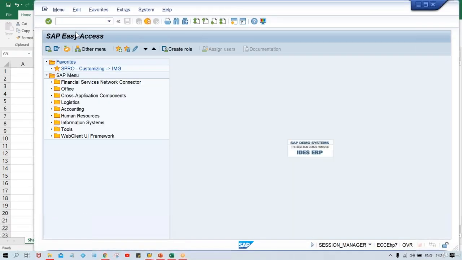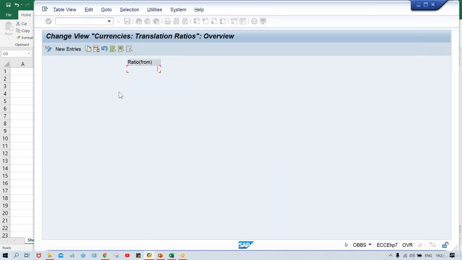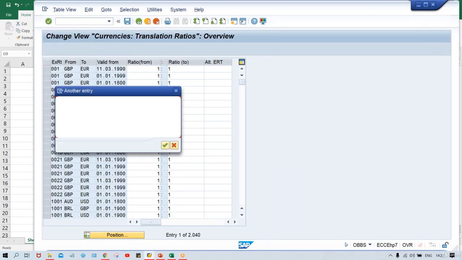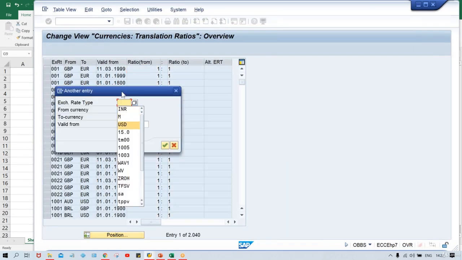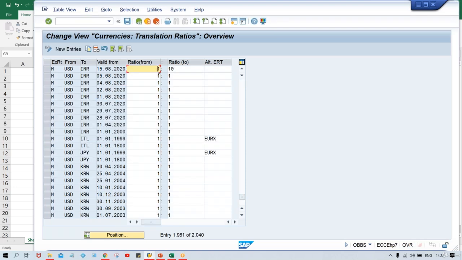I'll show you here. OB, first of all, OB, BS. I'll have to change, guys, the translation ratio. Let's suppose here USD INR, and sorry, exchange rate type first of all M, and then here USD, then here your currency, company currencies, and then 1:1 itself I'm going to specify.